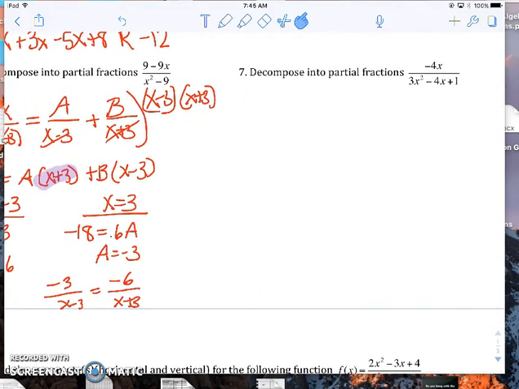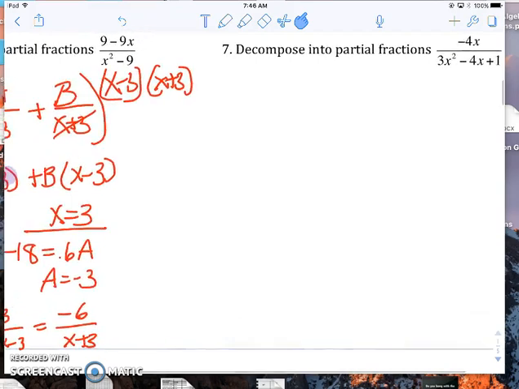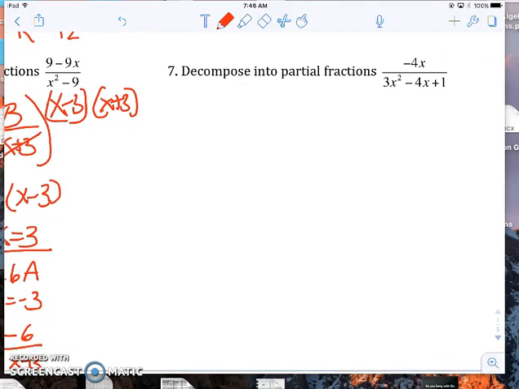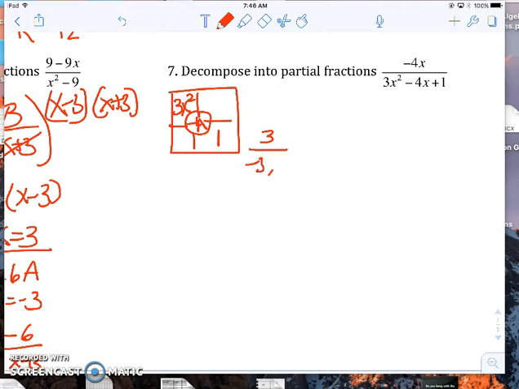So the next one we're going to look at is similar, that decomposition. So we got to factor first. 3x squared minus 4x plus 1. So what multiplies to 3 and adds to negative 4? Negative 3 and negative 1. Negative 3x, negative 1x. So let's see this.